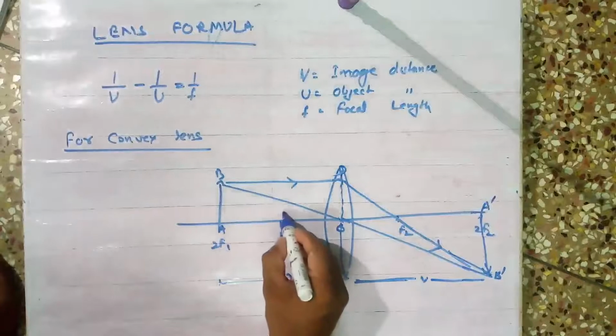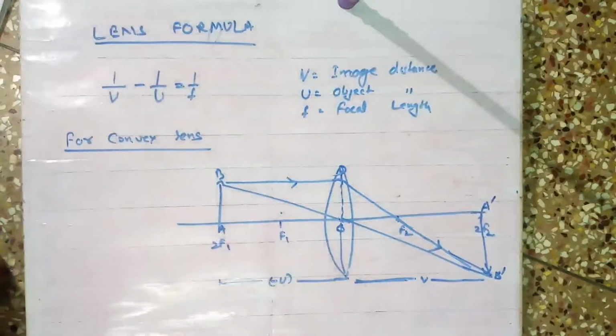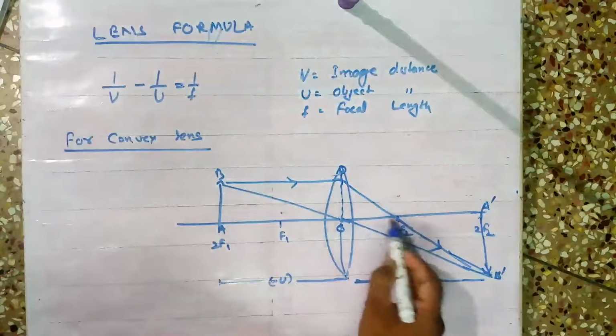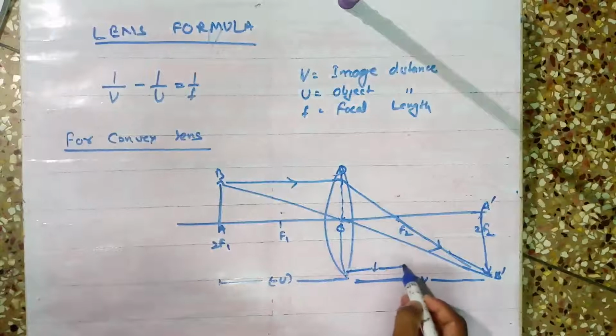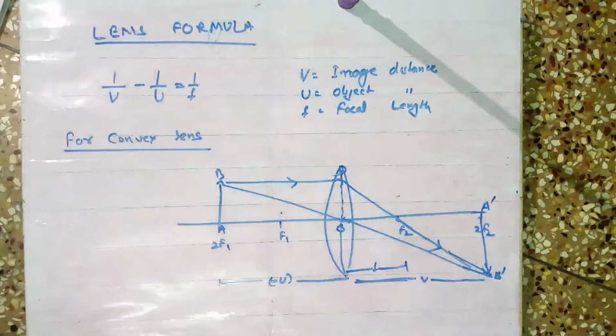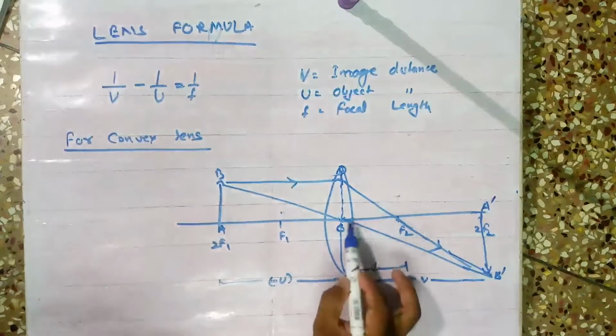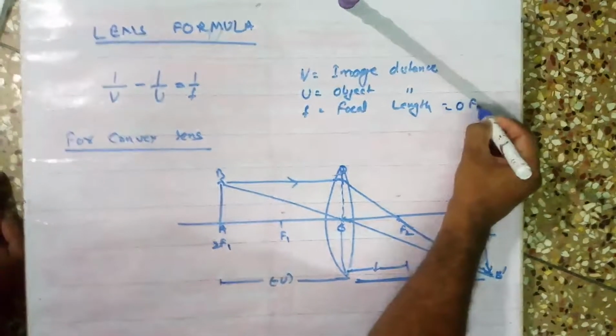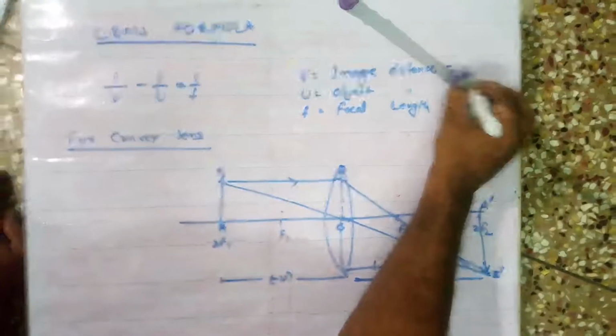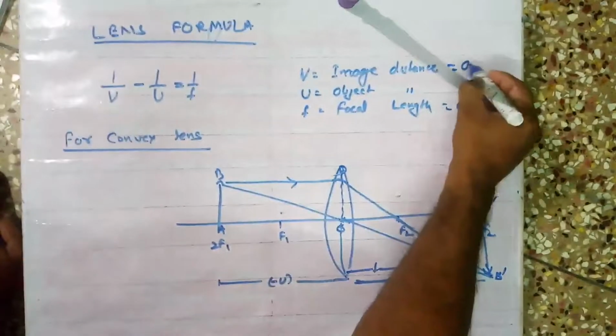And this one is the focal length. Focal length is this distance, positive. Clear? Here to here, OF2, I am writing focal length. Object distance is OA.